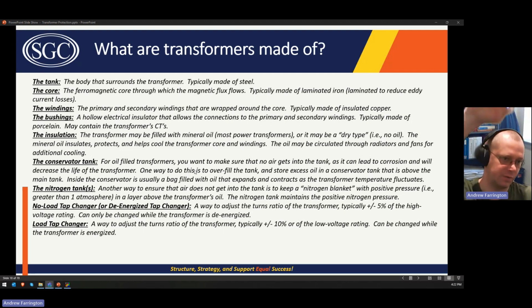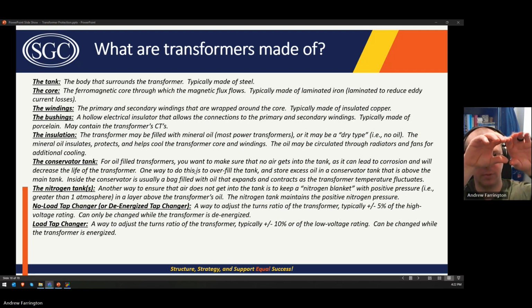All of that corrosion and stuff can sit up there in the conservator tank and not bother the power conducting parts of the transformer. The other option is to get rid of the conservator tank, and then you can't fill the transformer all the way up to the top of the tank like we just talked about, but what you can do is put a layer of nitrogen, because it's inert and it isn't going to corrode the equipment inside the tank, and you can put positive pressure, greater than 1 atmosphere, in a layer of nitrogen on top of the oil.